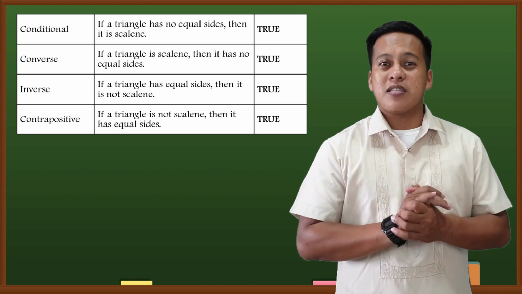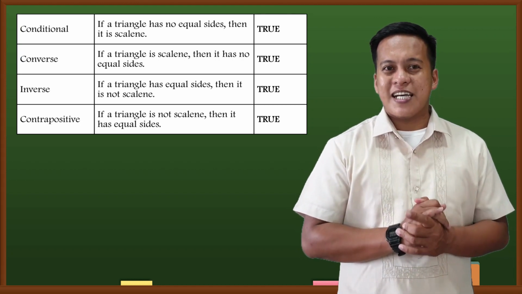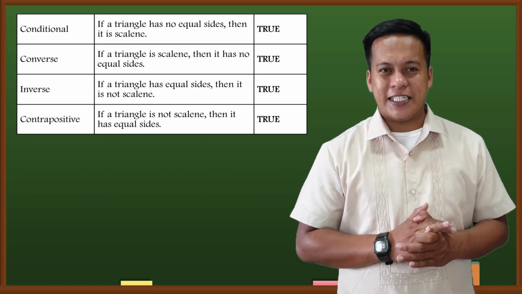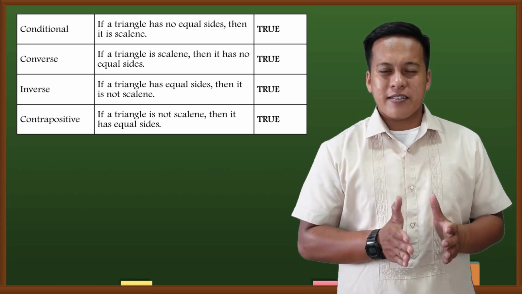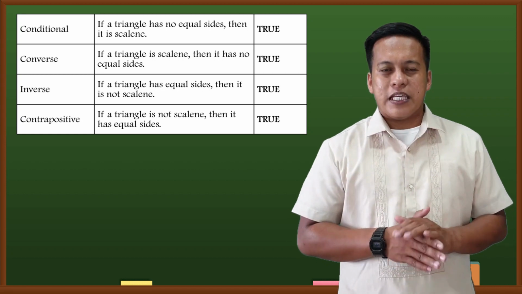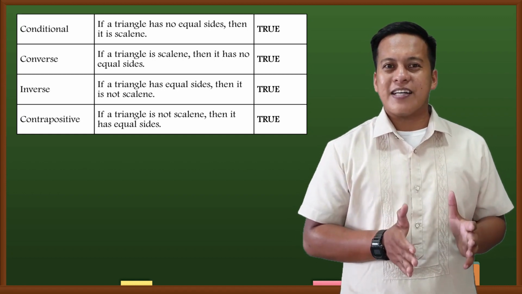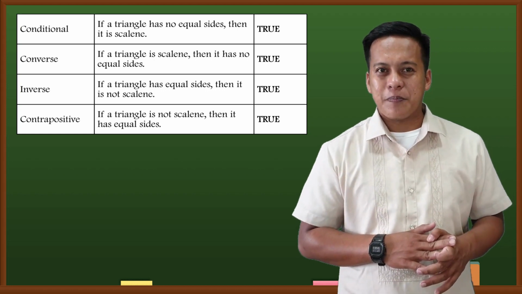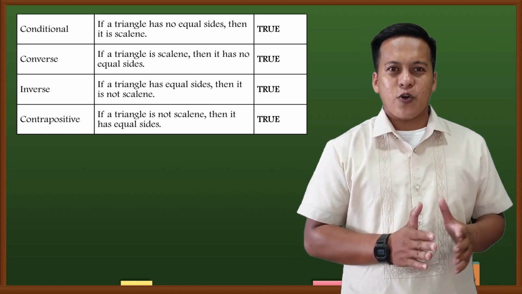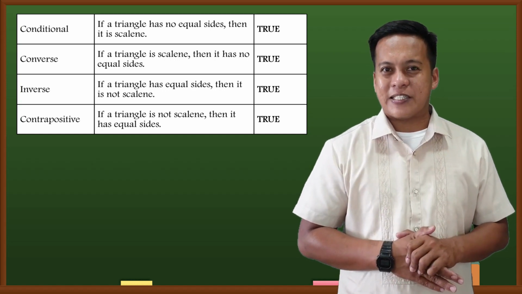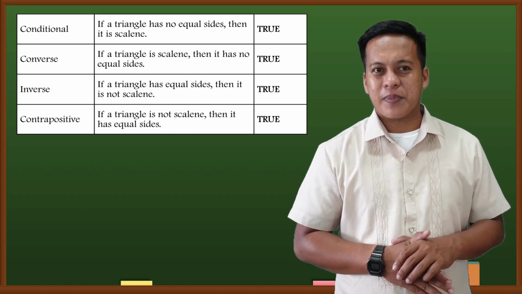The statement is true because a triangle with no equal sides is scalene. Next is the converse. If a triangle is scalene, then it has no equal sides. The statement is also true because a scalene triangle has no equal sides.